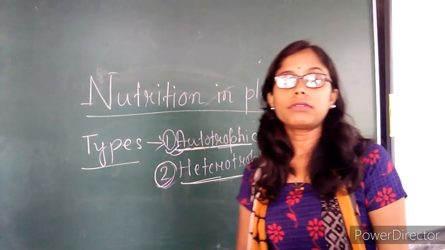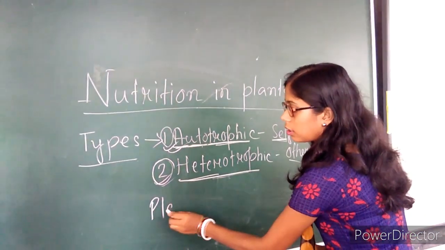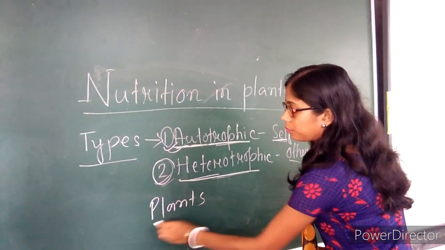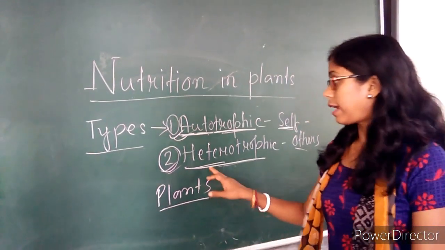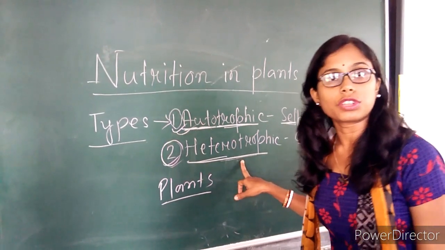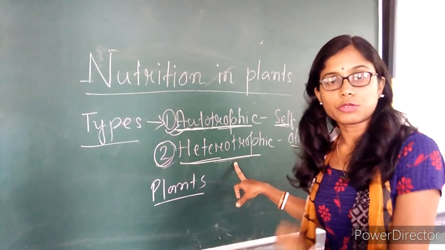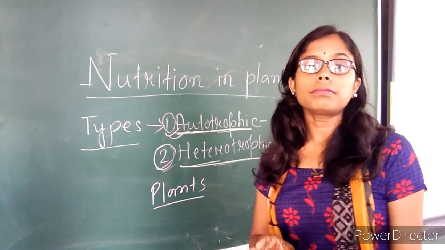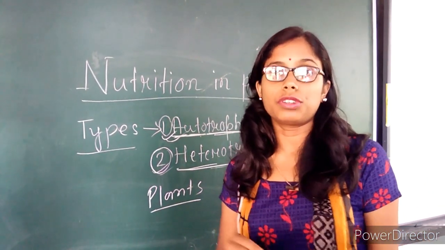The best example for autotrophic nutrition is all green plants. Next is heterotrophic nutrition. Hetero means others and trophic means nourishment. The organisms take help from others for their nutrition.